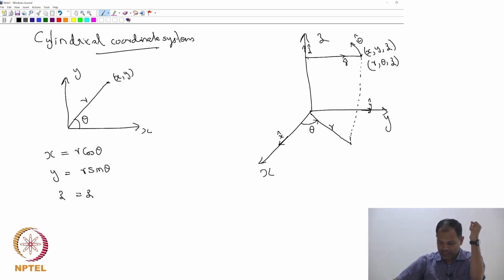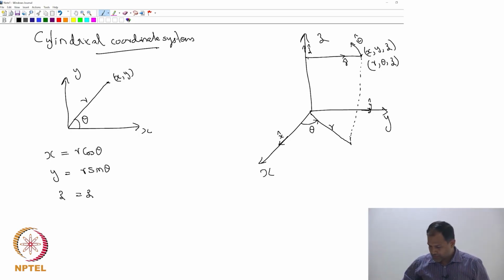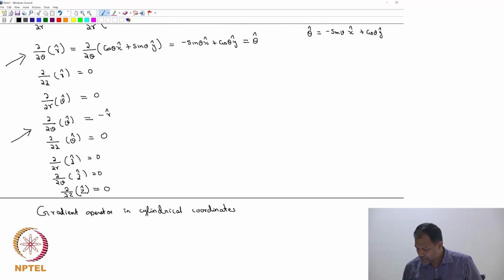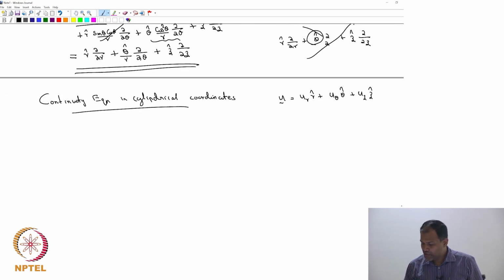So, if I have a velocity here which is flowing in this direction, I will resolve it in r direction, I will resolve it in theta direction, and I will resolve it in z direction, that is all. And each component is what I wrote as u r, u theta, u z.